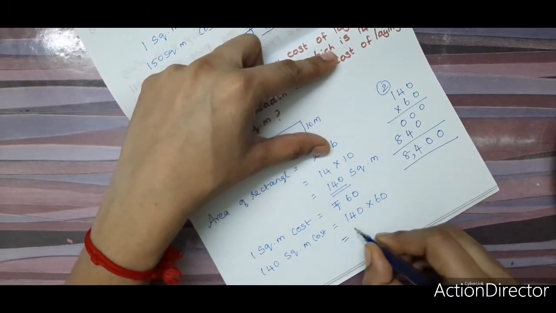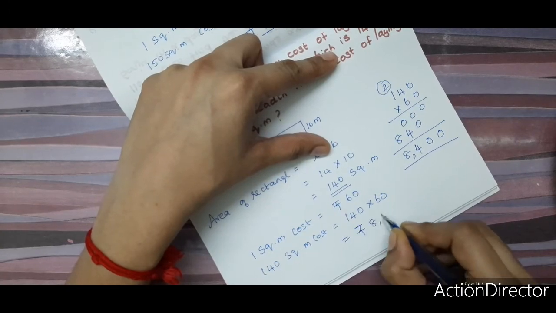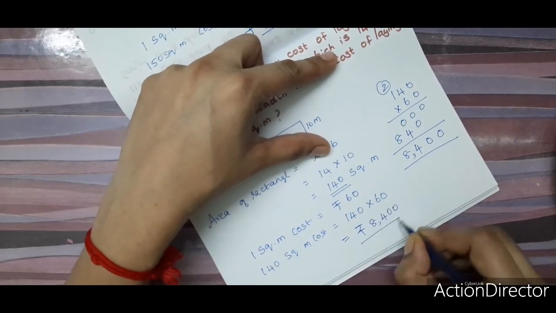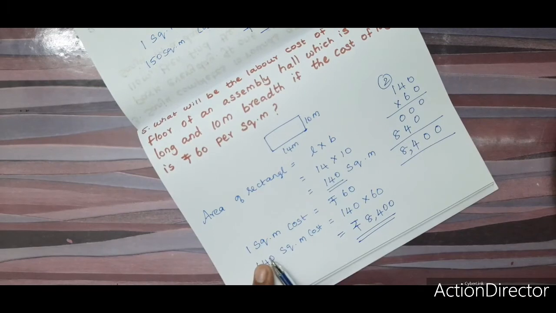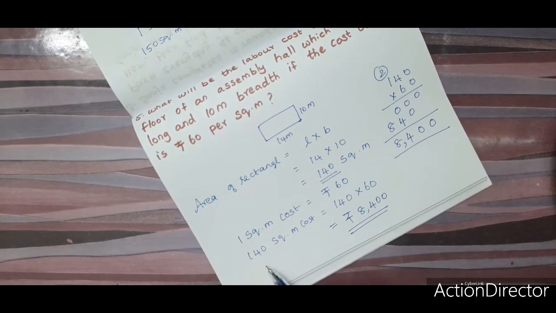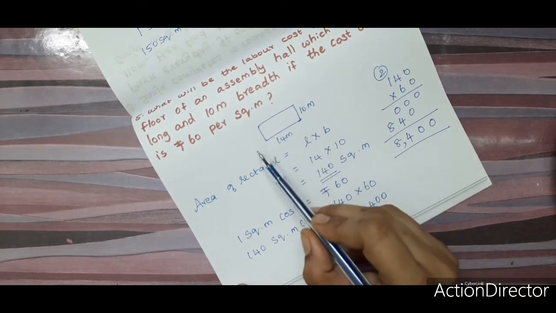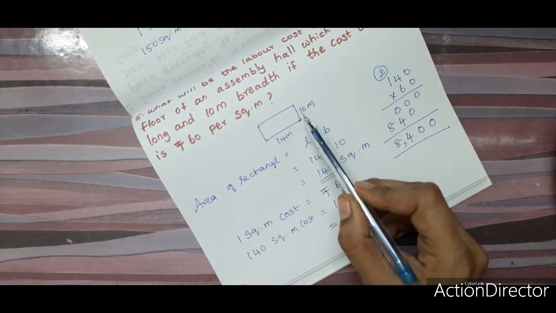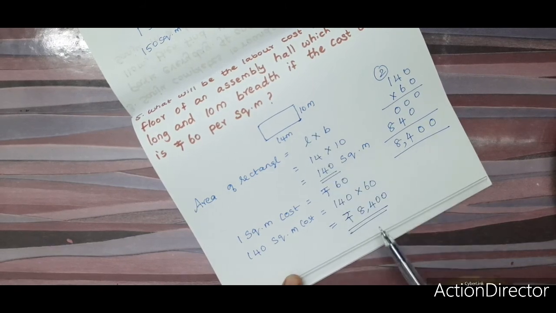So the cost is rupees 8,400. 1 square meter costs 60 rupees, so 140 square meter costs 8,400. So to construct the rectangular assembly hall we need 8,400 rupees.